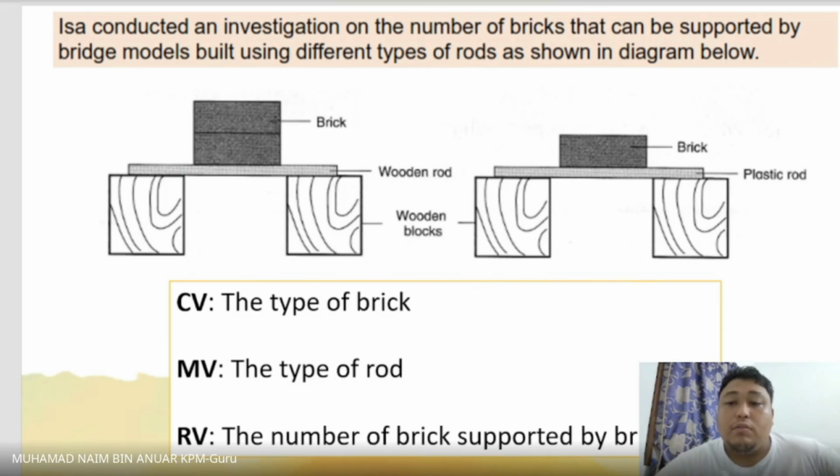It's just a simple experiment to see which rod can support better, the wooden rod and the plastic rod. As you read the question, you're going to find this is in the material topic. So that's the first step.